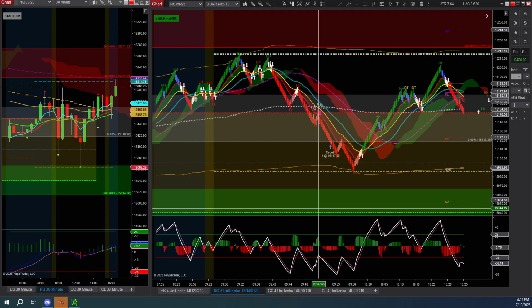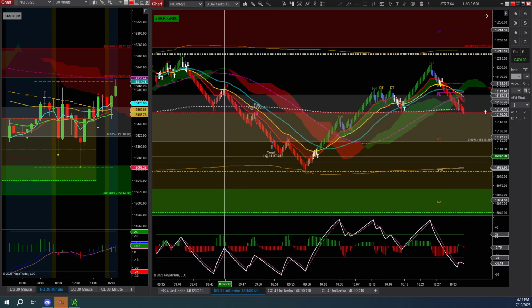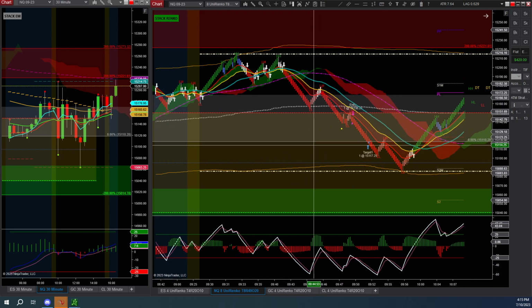However, there was a wick out of the 30, once it moved below the VWAP right here, made a wick out of the 18 with only one candle. It's a wick up. It's a wick, but it's not a pivot.